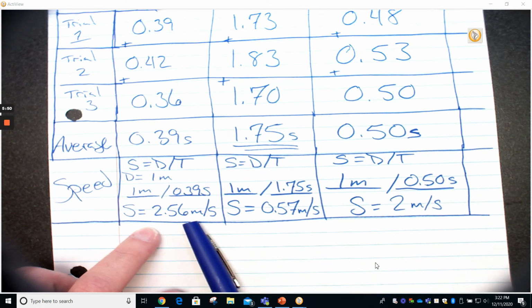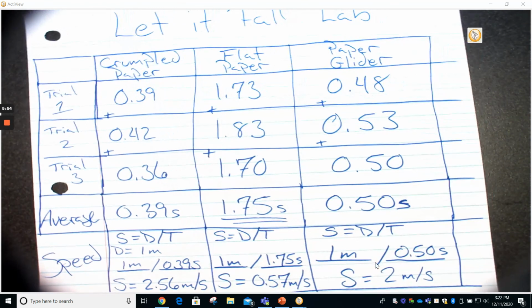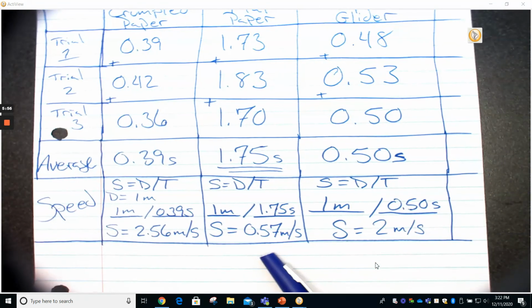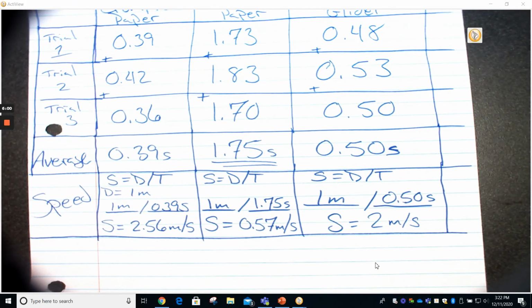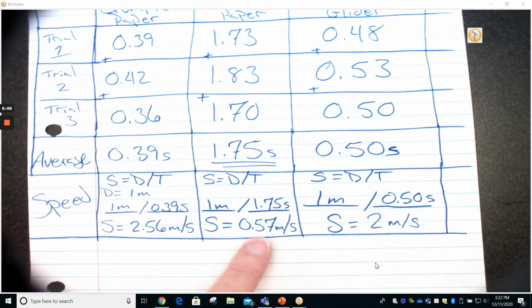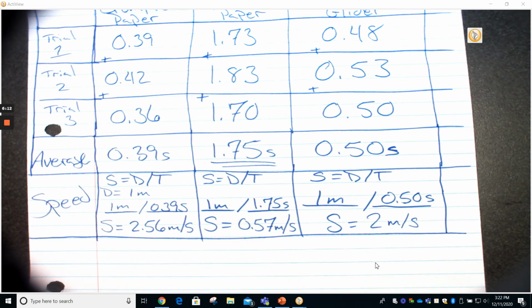So for me, my crumpled paper fell the fastest. Well, which one of these numbers is slower than the rest of them? For slower, we're looking for the opposite. So if fastest was the biggest number, slower is the smallest number, and this one right here, 0.57, is slower. Okay? Use that information to help you in the questions below.